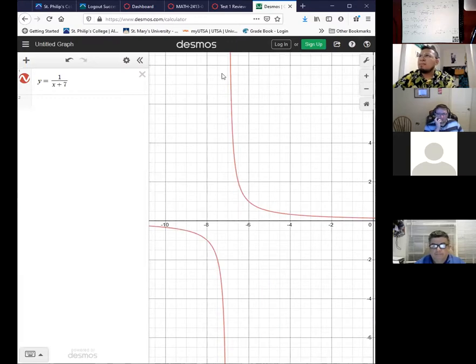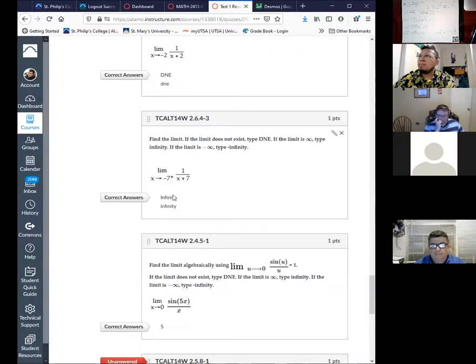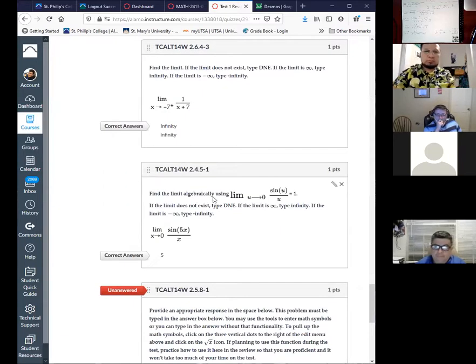It shoots off pretty quick due to the asymptote. So yeah, infinity. There's not much to really say here. As far as explanation, I would just say the limit from the right approaches infinity as it approaches the asymptote, or you could just say -7. Okay.